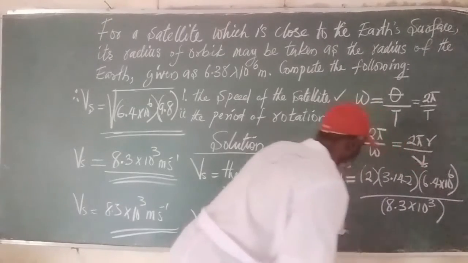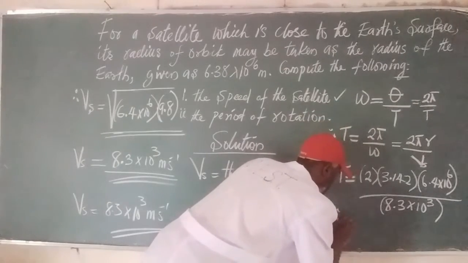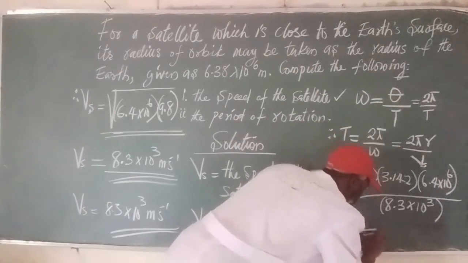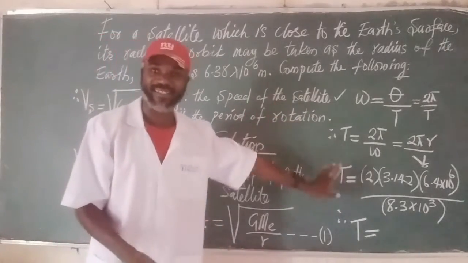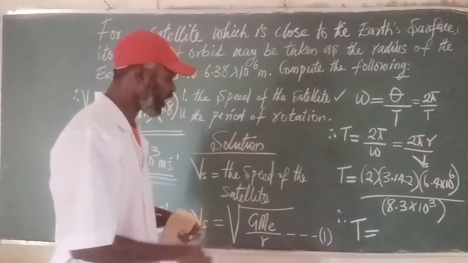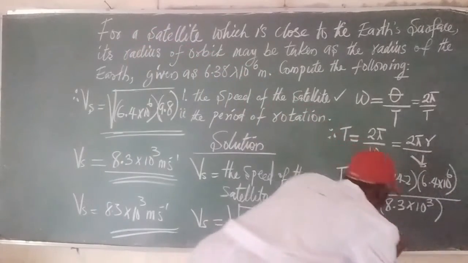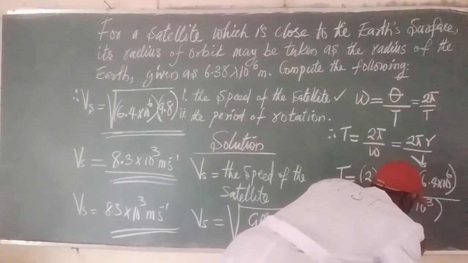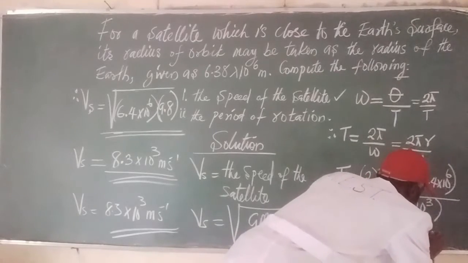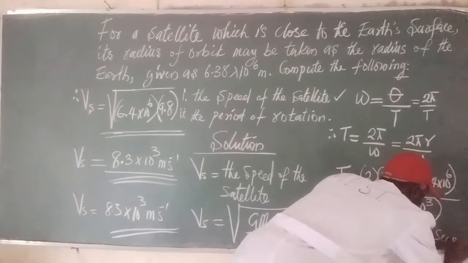Therefore, finally, the period of rotation of the satellite is given as 5 points, or maybe 3 times 10 raised to the power 3 seconds.